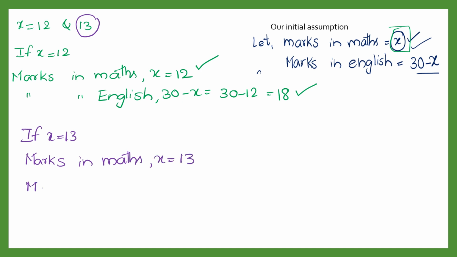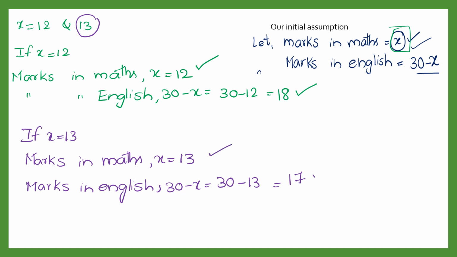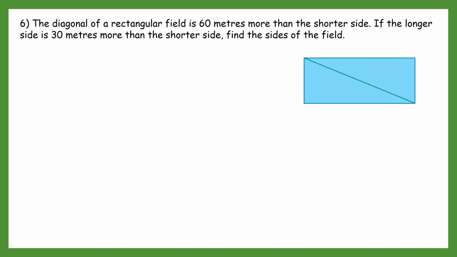Then marks in English, that is 30 minus x. So 30 minus 13: 30 minus 10 is 20, 20 minus 3 is 17. So if x is assumed as 13, marks in maths will be 13 and marks in English will be 17.